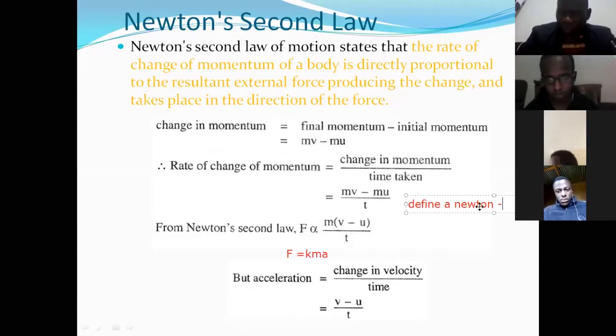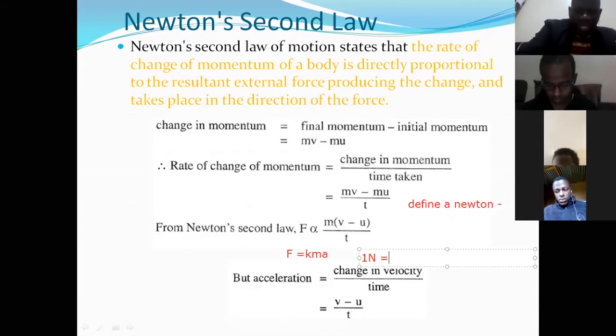What is 1 Newton? 1 Newton is a force that will give a mass of 1 kilogram an acceleration of 1 meter per square second. So this is 1 Newton, equals to K, multiplied by 1 kilogram, multiplied by 1 meter per square second.